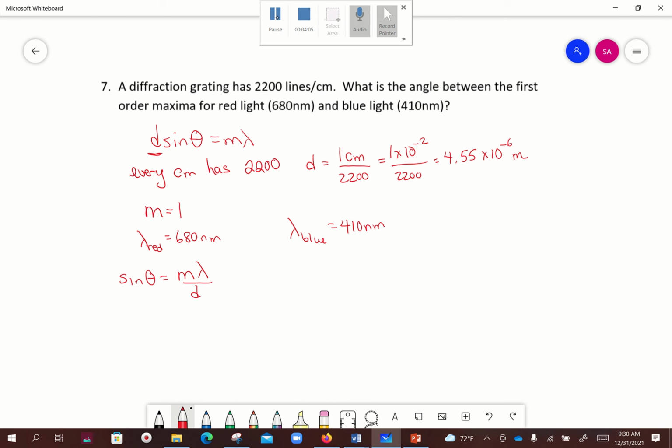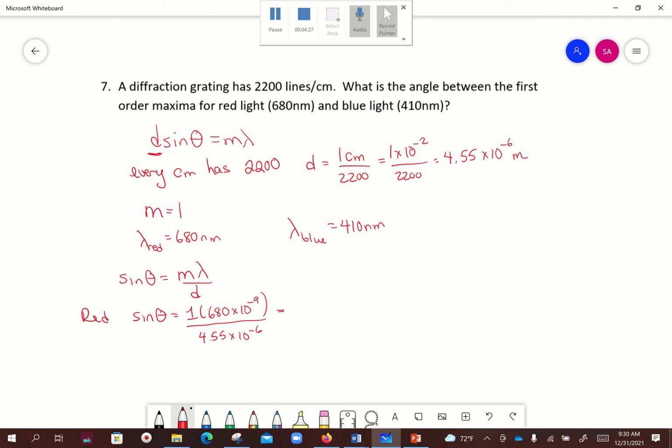So I know sine theta is equal to m lambda over d, rearranging that equation. So for red, sine theta is equal to m, which is 1, times the wavelength for red, 680 times 10 to the minus 9 meters, divided by d, 4.55 times 10 to the minus 6 meters.